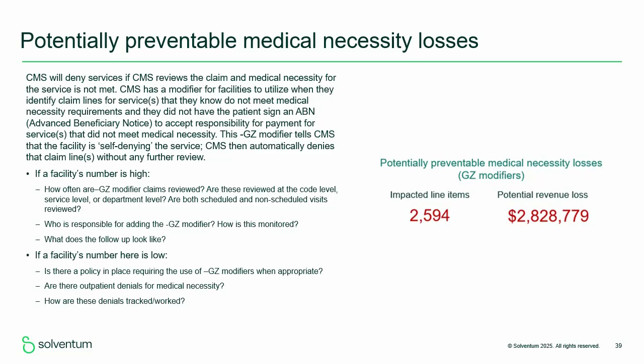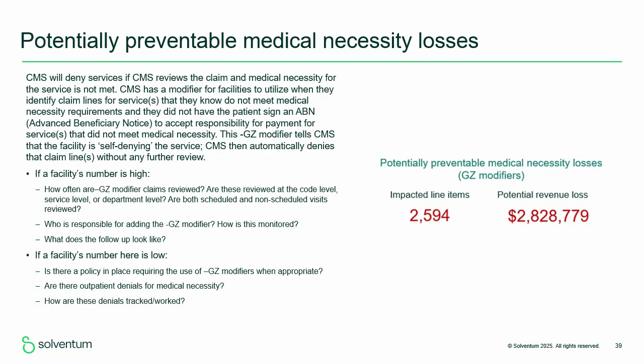The GZ modifier can be applied by facilities when they identify claim lines for services that they know will not meet medical necessity requirements and they have not had the patient sign an advance beneficiary notice accepting responsibility for payment of services that did not meet medical necessity. This modifier tells CMS that the facility is self-denying the service. CMS automatically denies the claim lines without any further review.